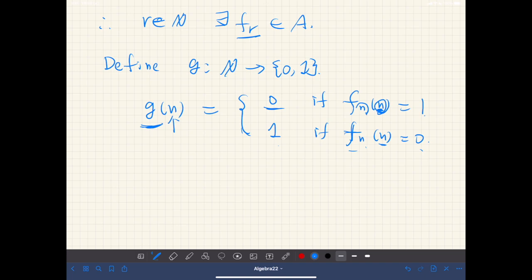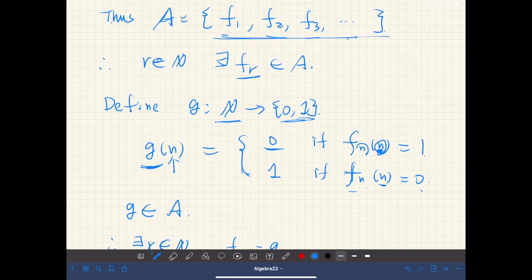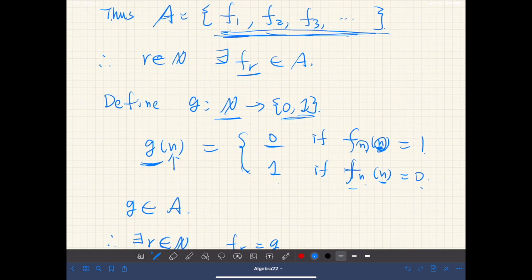Since g is a mapping from natural numbers to {0, 1}, of course g should belong to this set A. So this means there exists some natural number r such that fr is equal to g. So g is one of the elements of this set A.